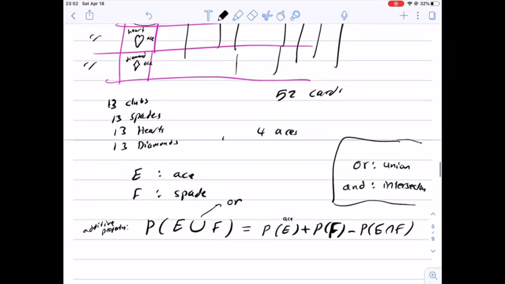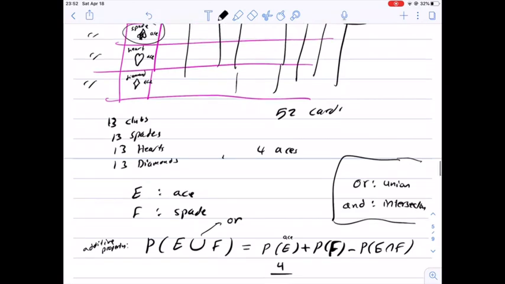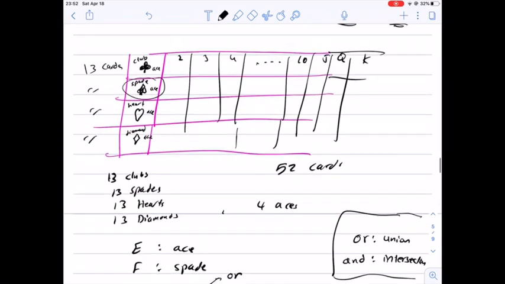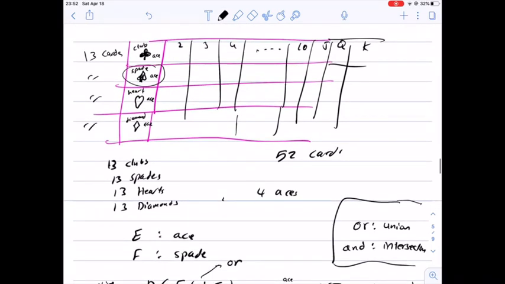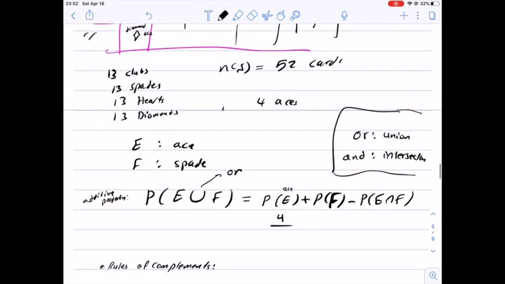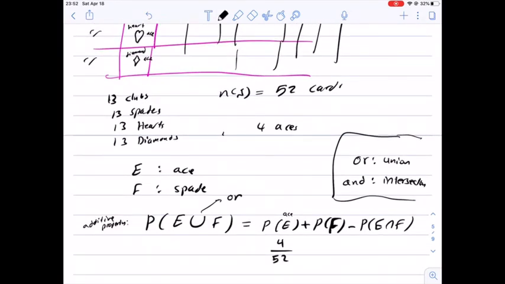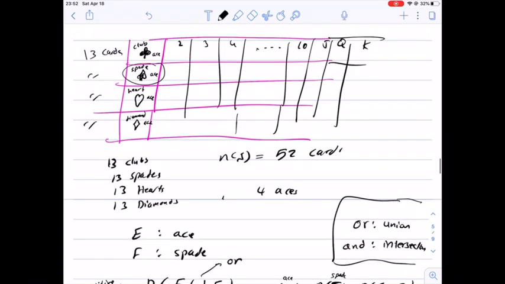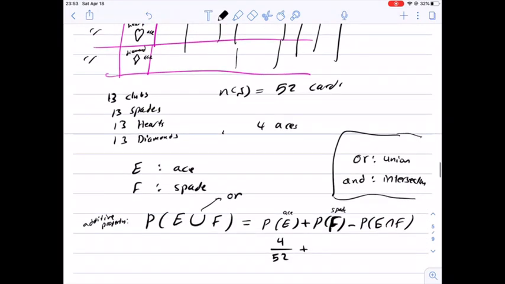I mean probability of ace. Probability of ace, how many aces are there? There are 4 out of how many elements or how many cards in this experiment? That's the number of elements of the sample space, N of S. So that's 52, plus probability of F, probability of spade. How many spades are there? There are 13 spades.